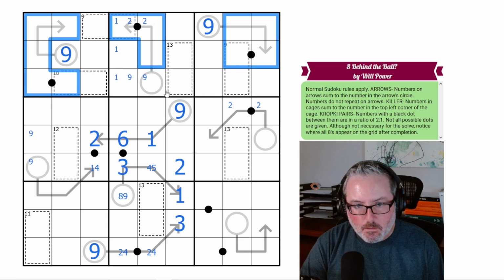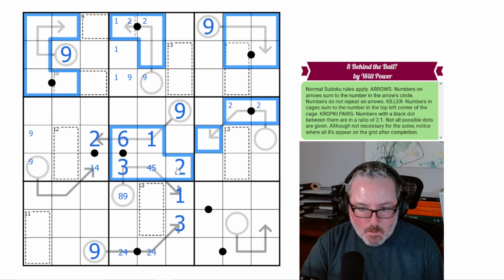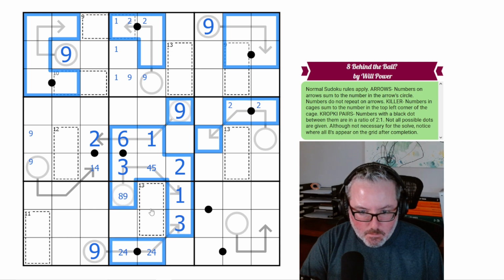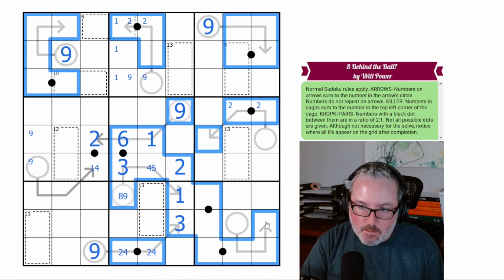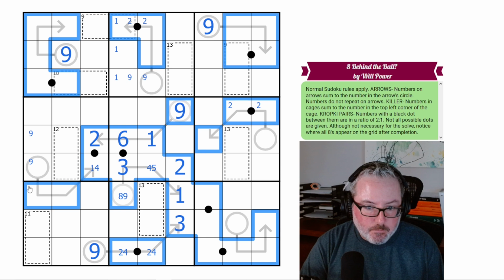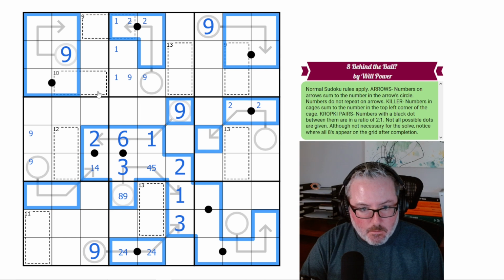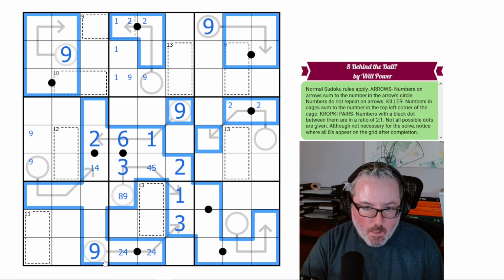I'm kind of looking at 7s really, which is why I'm crossing off some of these Kropki dots, because we know black Kropki dots can't have 7s on them. So let's take a look there and see maybe if that gives us any information as well. Because none of these can be. So we know there is a 7 in one of these 3, which removes 7s from all of those. Let's get rid of that one, just for the visual.